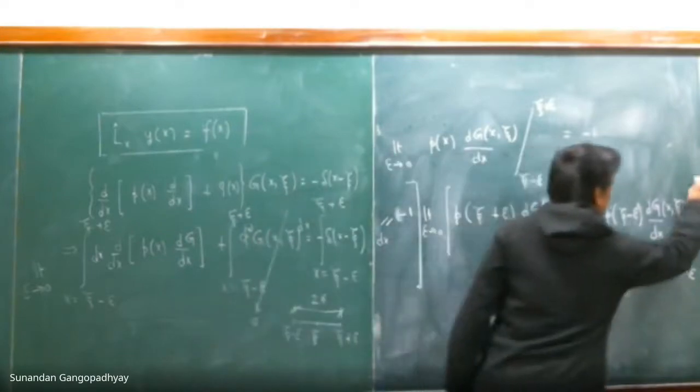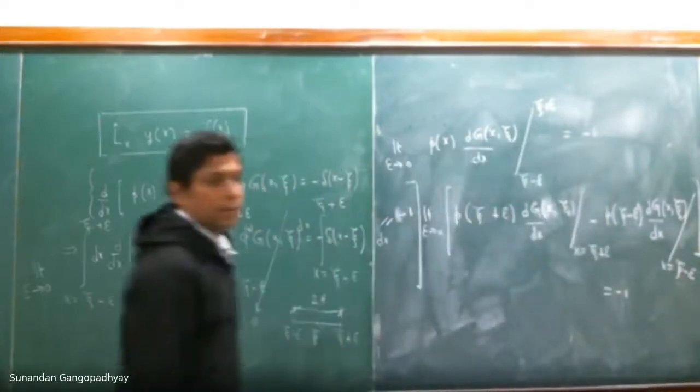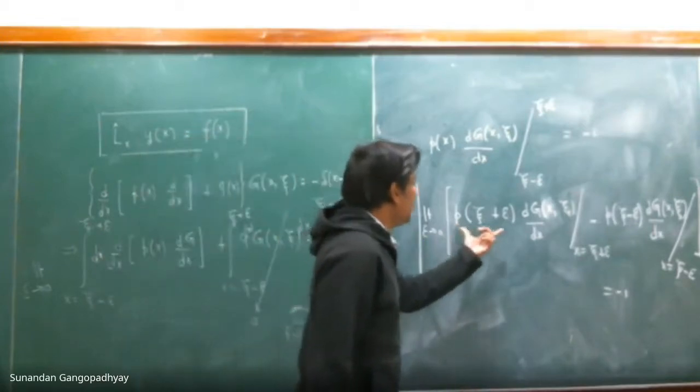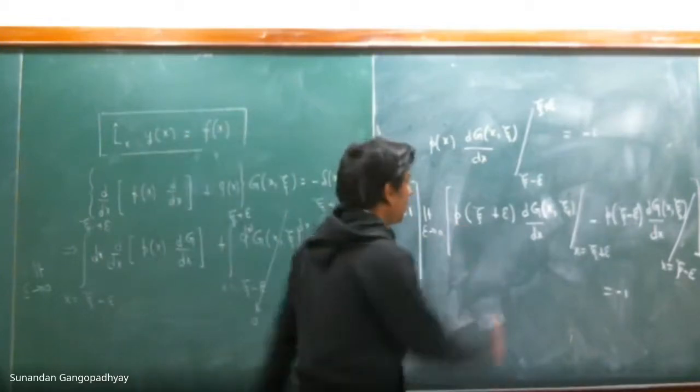Now, if you take the limit, then p of x is a continuous function.